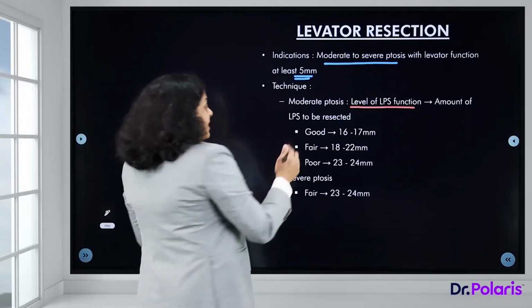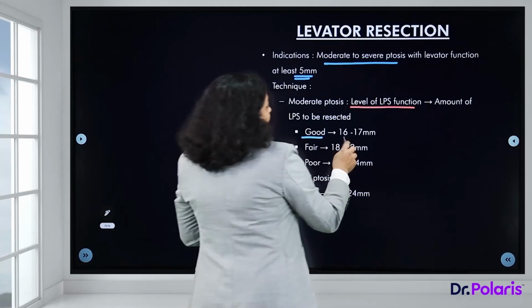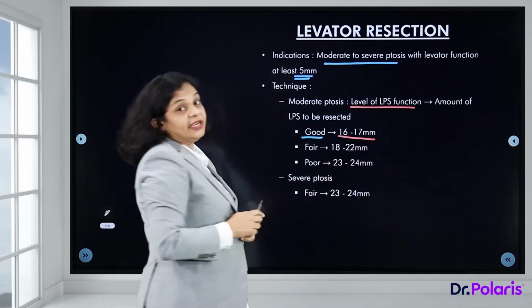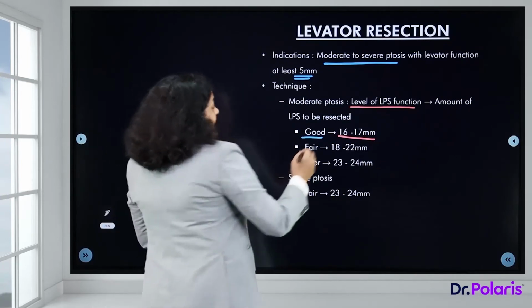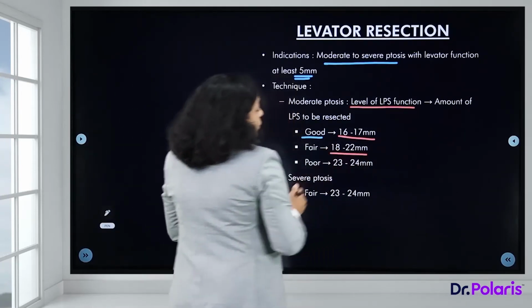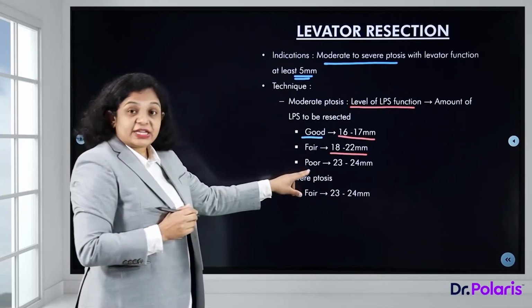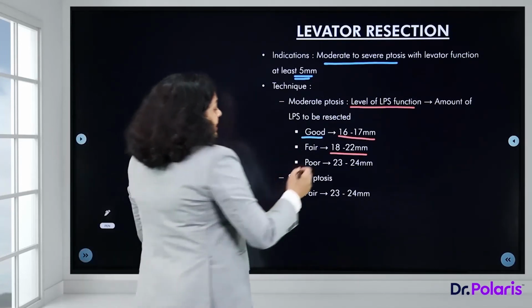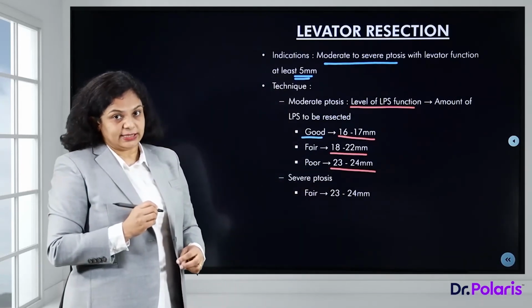So if it is a good action of the levator palpebrae superioris, then we will cut about 16 to 17 millimeters of the muscle. If it is a fair action, then we have to do about 18 to 22 millimeters of resection. But if it is a poor action of your LPS muscle, the resection amount becomes 23 to 24 millimeters.